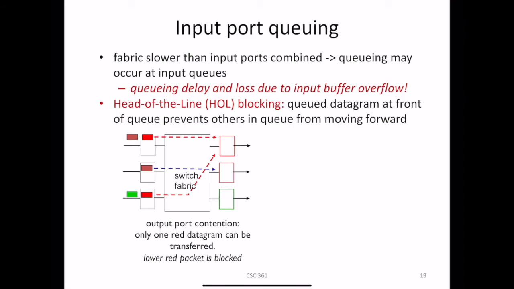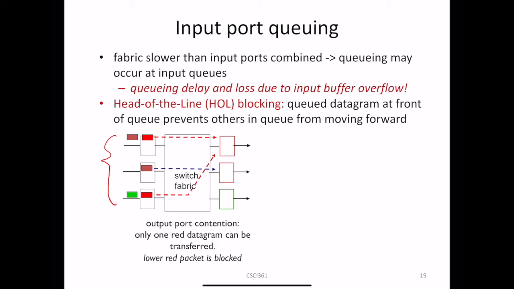Input port queuing happens when the switch fabric transfer speed is slower than the input ports combined. That means we add all the input ports' transfer speeds together and compare them with the fabric speed to see which one is larger.